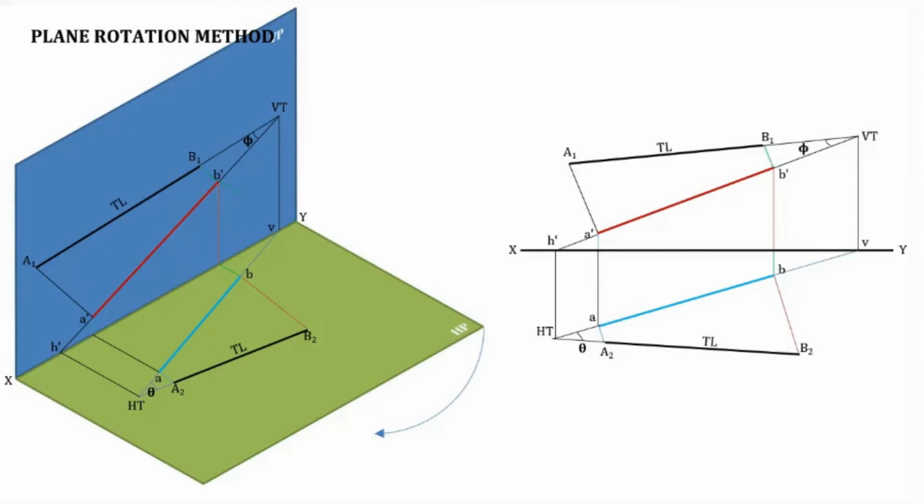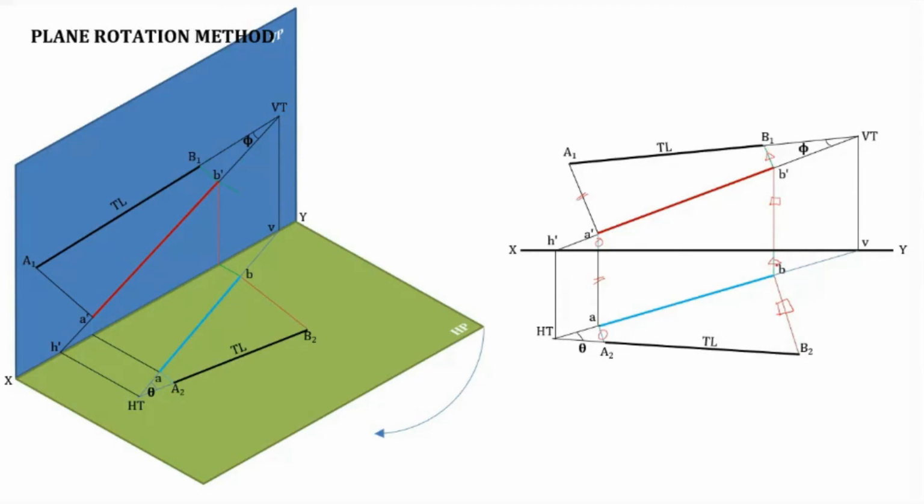And in this figure, this distance is equal to this distance, and this distance is equal to this distance, and here this distance is equal to this distance, and this distance is equal to this distance. The distances marked with similar symbols are the same.